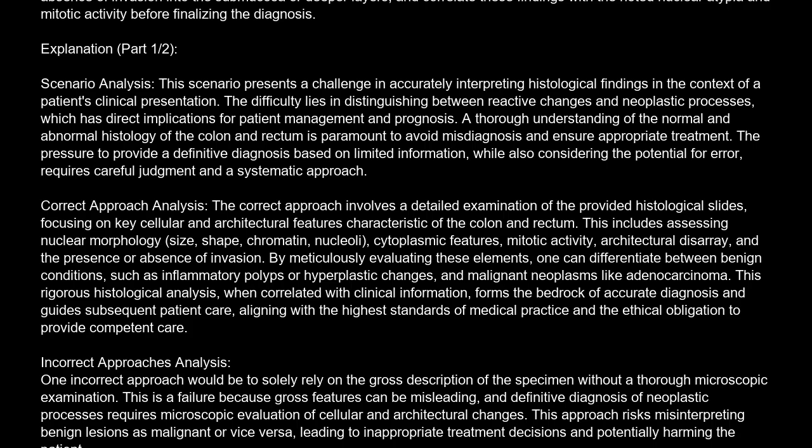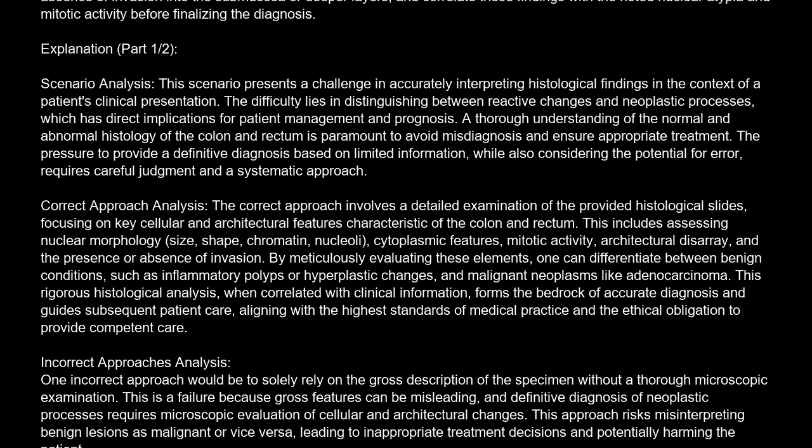Incorrect approaches analysis. One incorrect approach would be to solely rely on the gross description of the specimen without a thorough microscopic examination. This is a failure because gross features can be misleading, and definitive diagnosis of neoplastic processes requires microscopic evaluation of cellular and architectural changes. This approach risks misinterpreting benign lesions as malignant or vice versa, leading to inappropriate treatment decisions and potentially harming the patient.